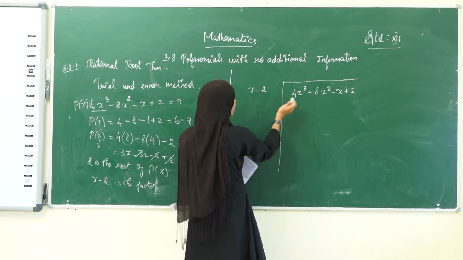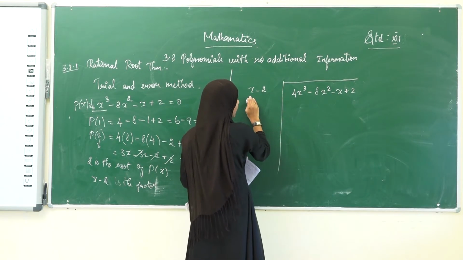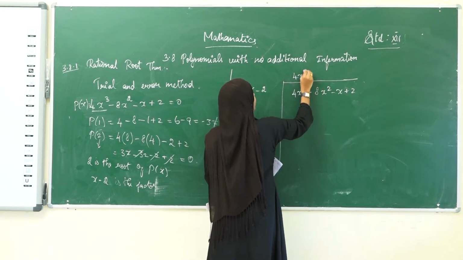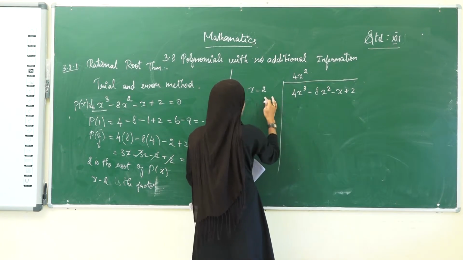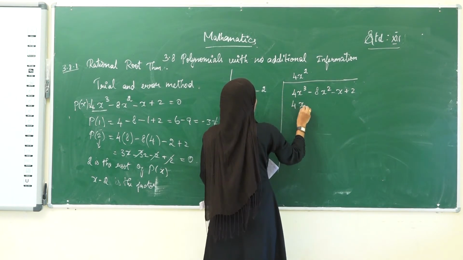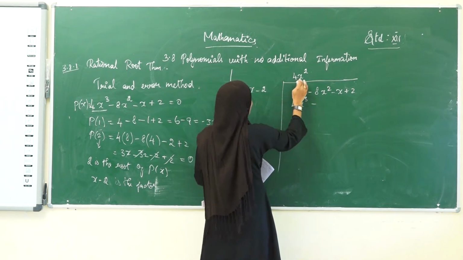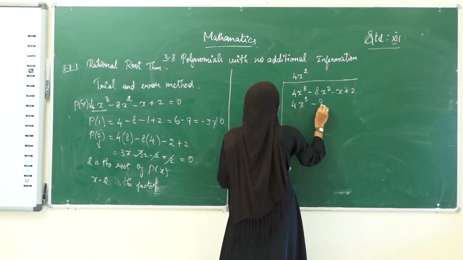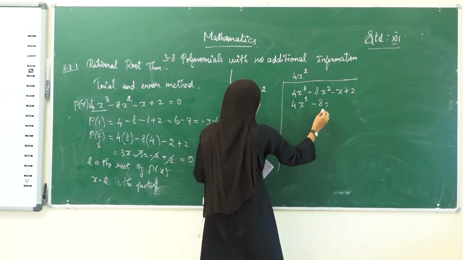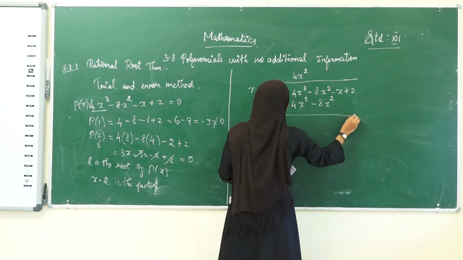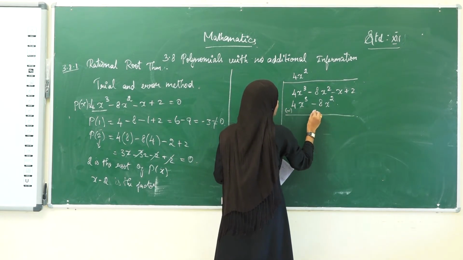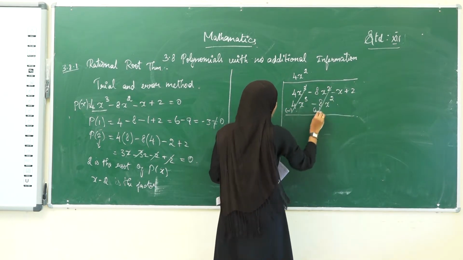Consider the first term. Here it is 4x cube, here it is x. So, multiplying x with 4x square, multiply this whole term with the 4x square: 4x cube minus 2 into 4x square is 8 x square. Now, change the symbol. This term gets cancelled, this term also gets cancelled.